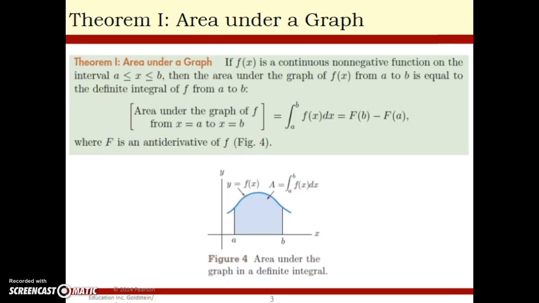If you're asked to find the area under a curve, you're going to have to set two parameters, a and b, to give you an actual definite shape here. And you're just going to find the integral from a to b, those are your defining factors of the integral, of F of b minus F of a, the point where b meets the function minus the point where a meets the function.